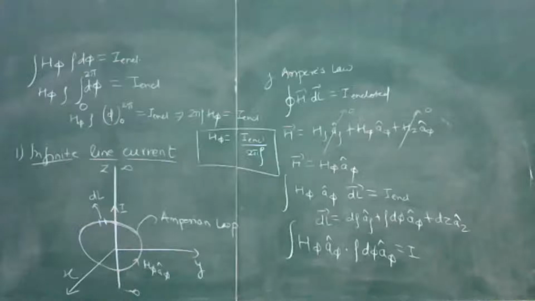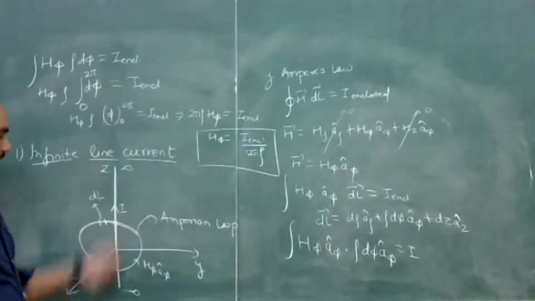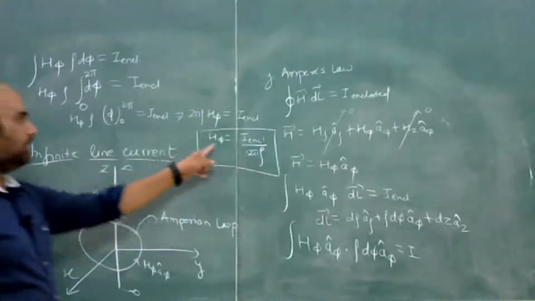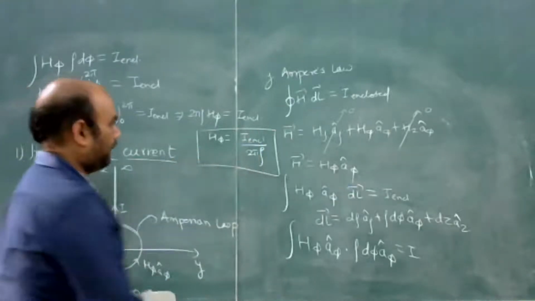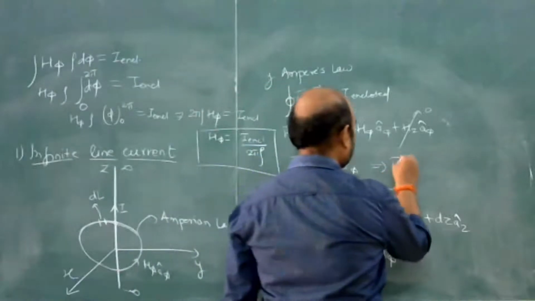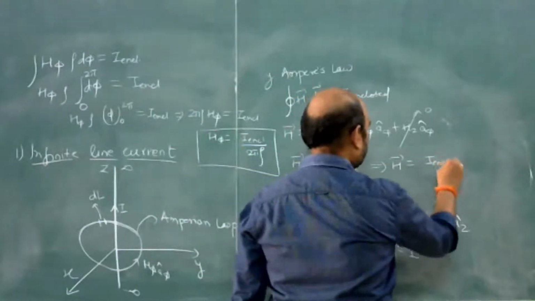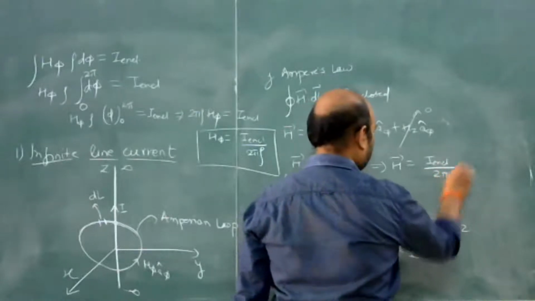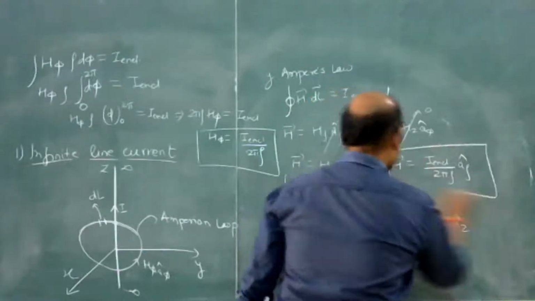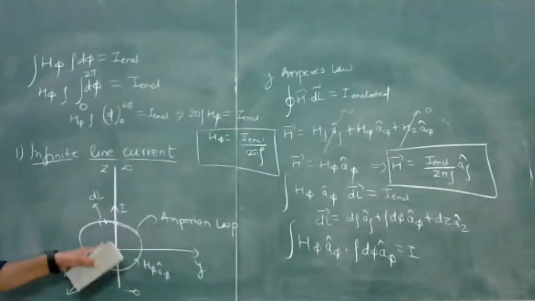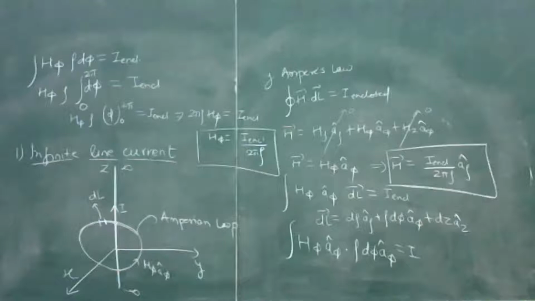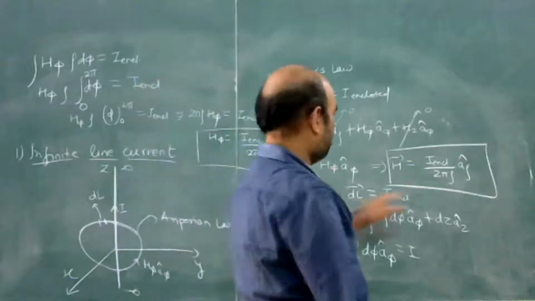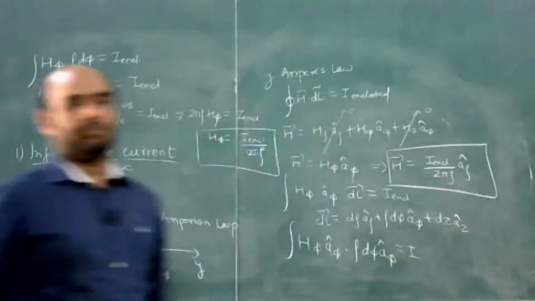We have derived this earlier using the Biot-Savart law. We derived that for an infinite conductor carrying current, the value of H is equal to I upon 2 pi rho. Substituting here, we get H equal to I enclosed divided by 2 pi rho. So the value of H for this infinitely long current conductor is I enclosed divided by 2 pi rho a phi.